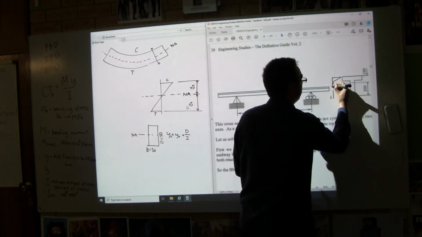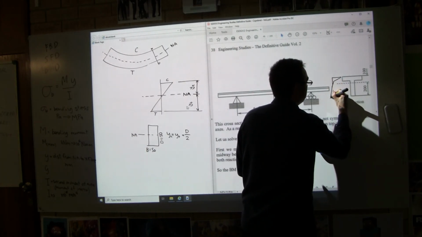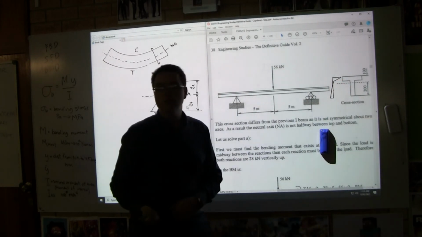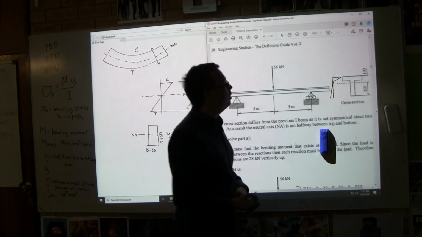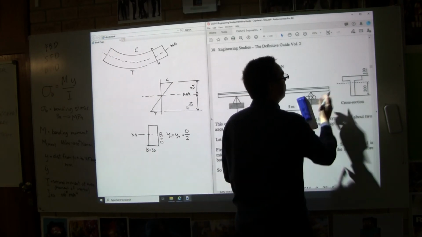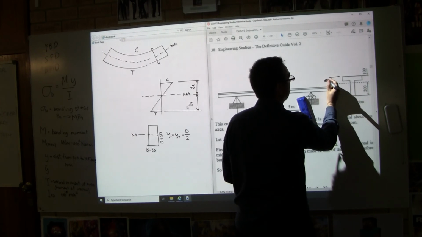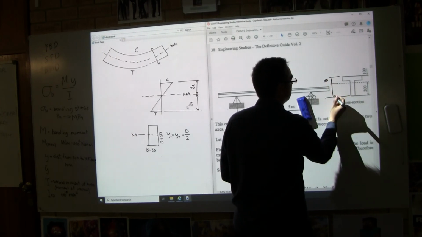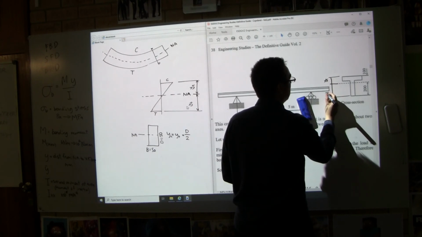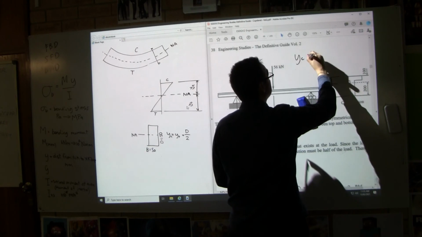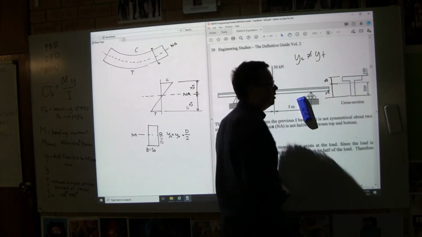Now, what that means is that the y for compression and the y for tension are not the same. YC is not the same as YT in this case.